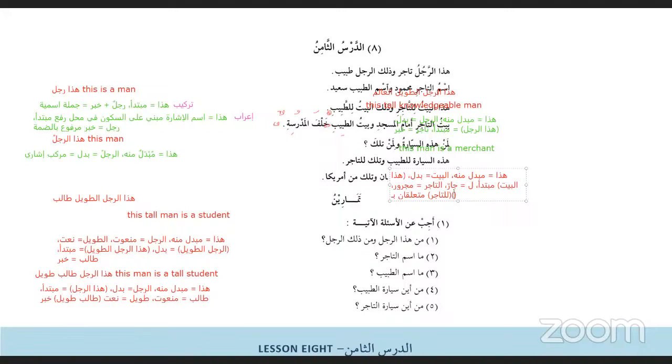Okay, هذا. So if you connect litajri to هذا, and that becomes part of the mubtada, what will become the khabar then? If you're saying litajri connects to هذا, and then هذا البيت للتاجر, all that forms a mubtada, what is going to become the khabar? So can we make it متعلق to هذا?